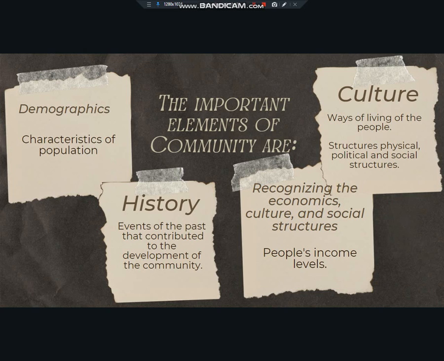Income is made of a country's or region's economic system, like labor, capital, and land resources, as well as the area's manufacturing, production, trading, distribution, and consumption of products and services. And lastly, like I've said, which is connected, the ways of living of the people and culture, the structure of physical, political and social structure.